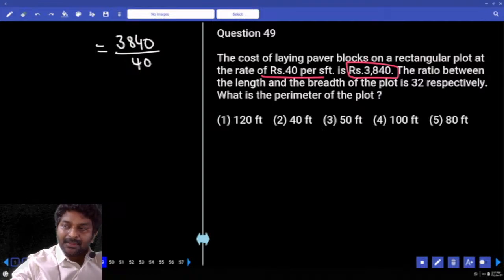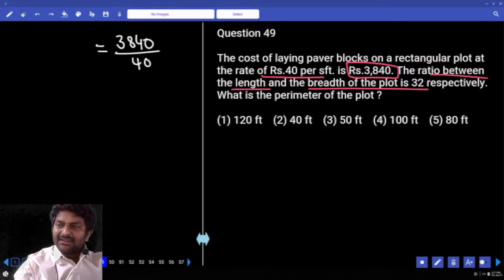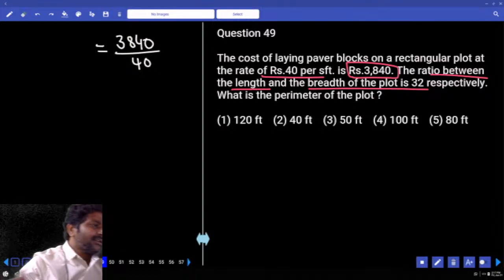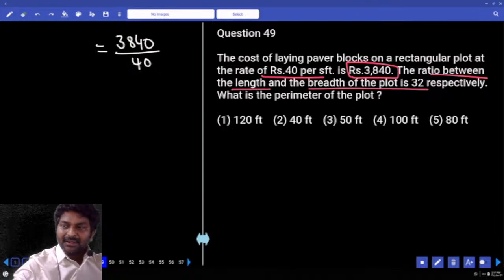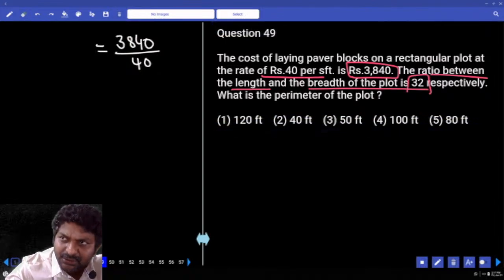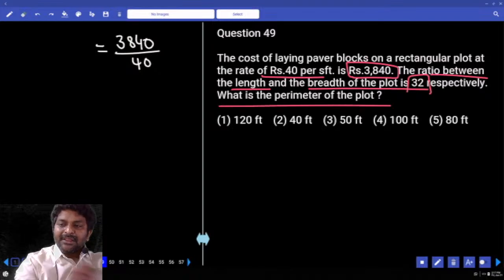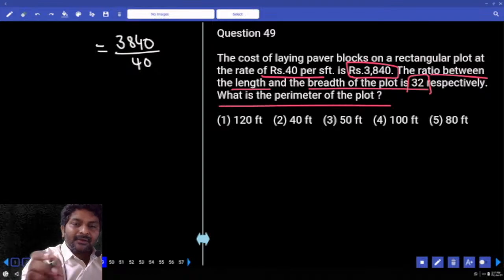Come on. Ratio between length and breadth of the plot is, look at your question paper, is it 32 or 3:2? 3 is to 2, right? Then this is equal to 3 is to 2. What is the perimeter of the plot? Now, length into breadth.